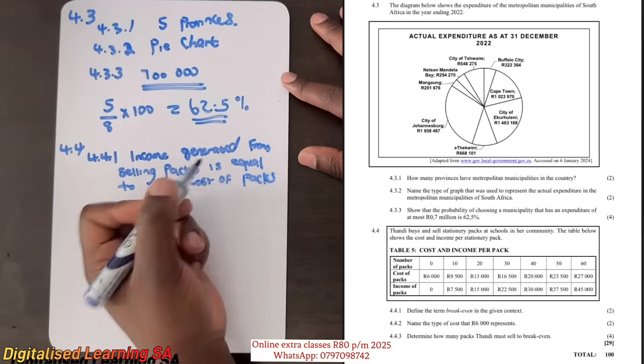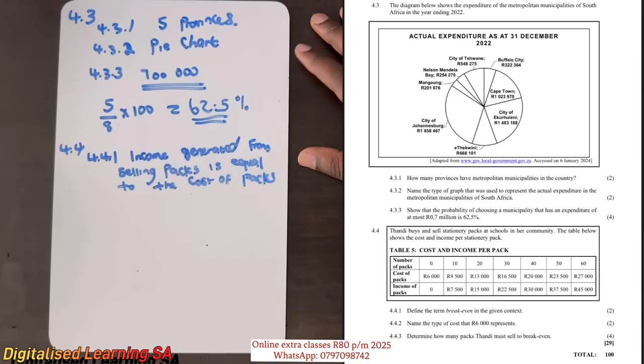So the break-even point is the point where what you used to buy is what you got after selling. So it's a point where no profit or no loss was made.